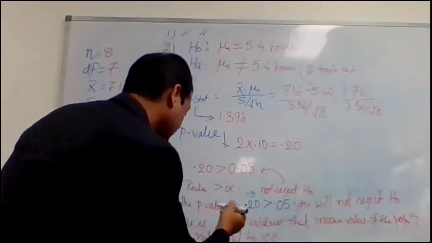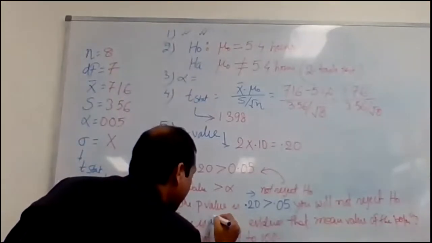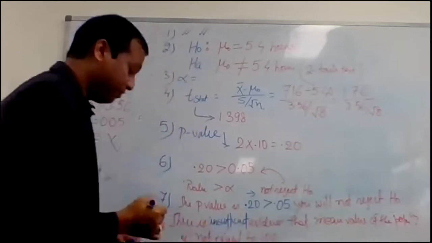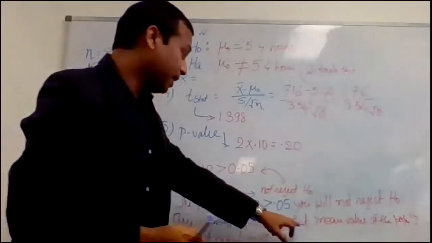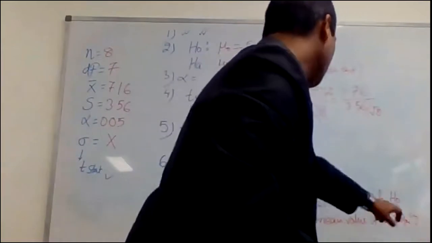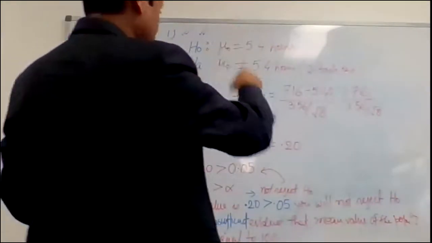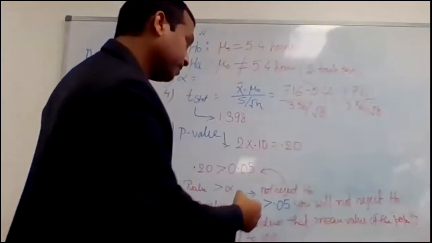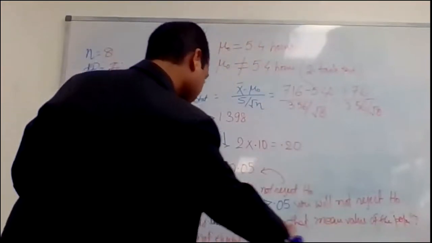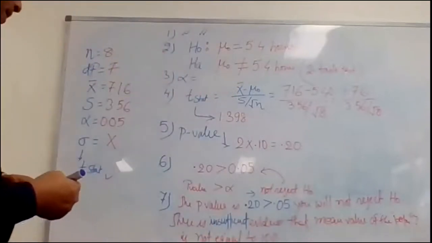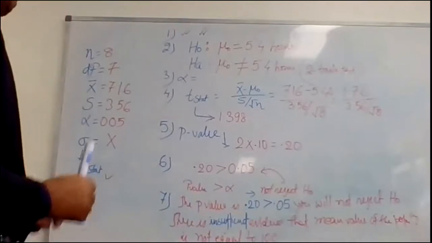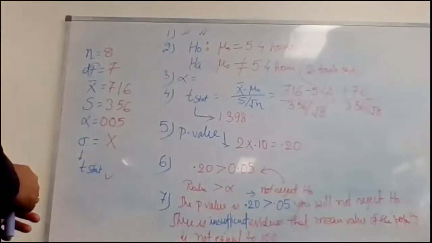There is insufficient evidence that the average value, or the mean value, of the population is not equal to 5.4.